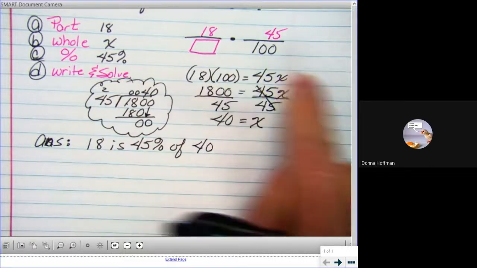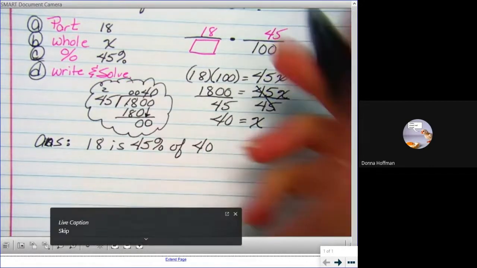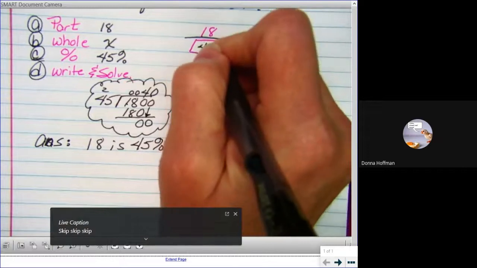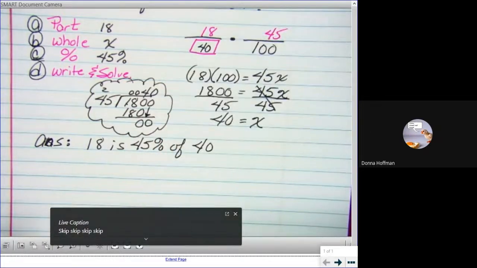Yeah, no, the answer is 40. 18 is 45% of the whole number 40.